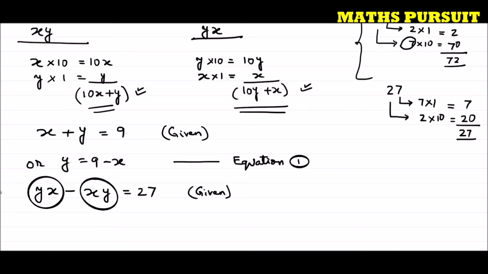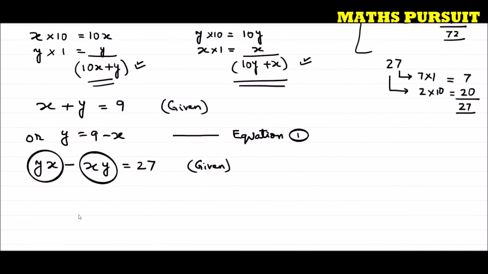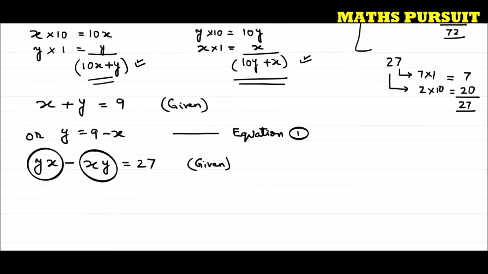So let us write it down in that way. Instead of yx, I am going to write 10y plus x minus xy, and instead of xy, I am going to write 10x plus y, is equal to 27. Hope guys till here I am very clear.